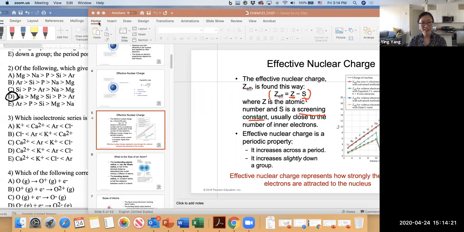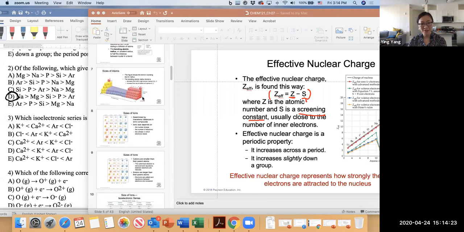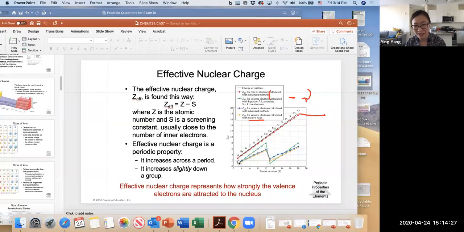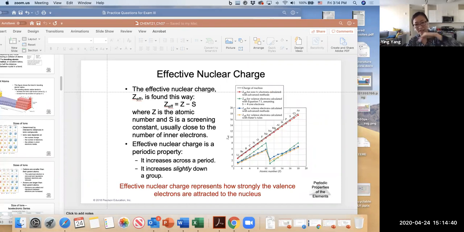And therefore, if you look at these over here and at their relations of the effective nuclear charge, what we see is that it increases going from left to right within the same period. Take a look at this line here.